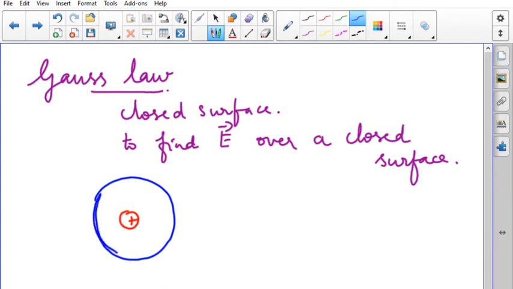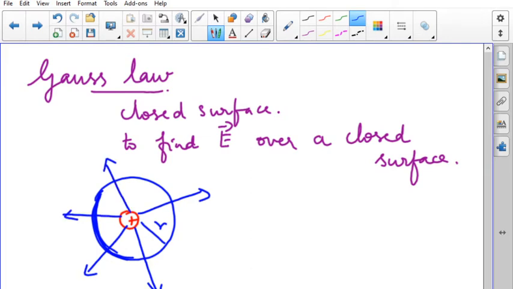The radius of this sphere is r. We can calculate the total electric flux through this closed surface, because the electric field lines are passing perpendicular to the closed surface.